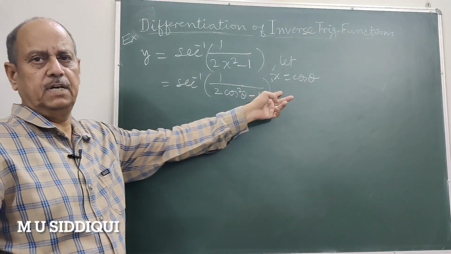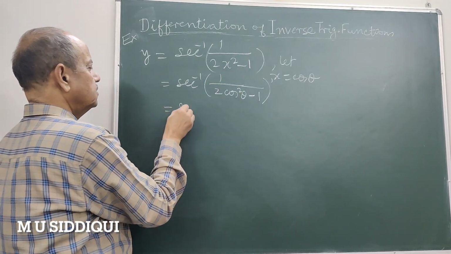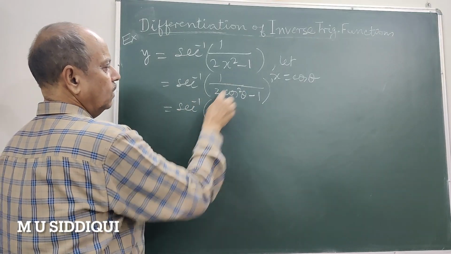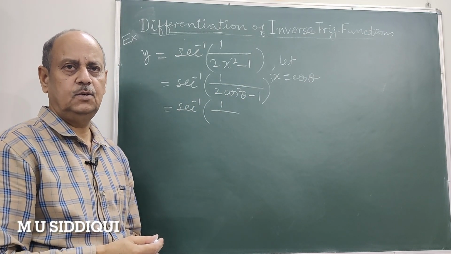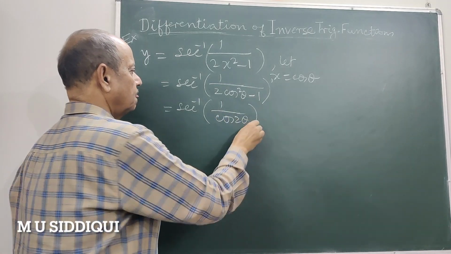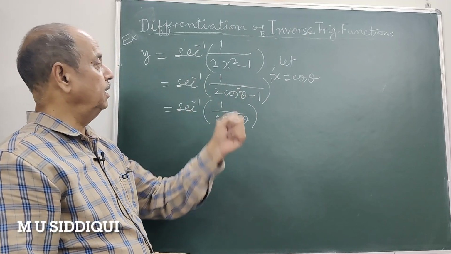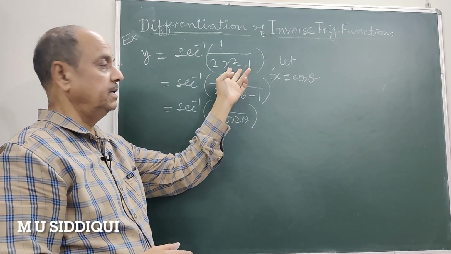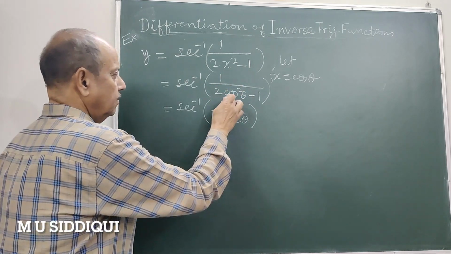When in place of x we have substituted cos of theta, this converts this. 2 cos square theta minus 1 is cos of 2 theta. So you should be able to identify that this expression is in a particular pattern. Only then you will be able to solve.